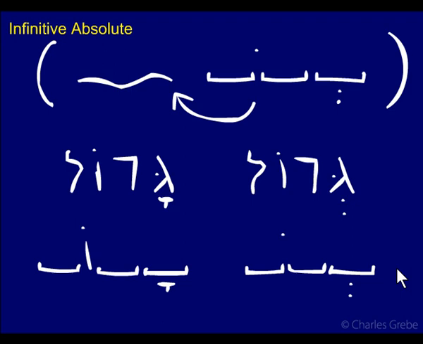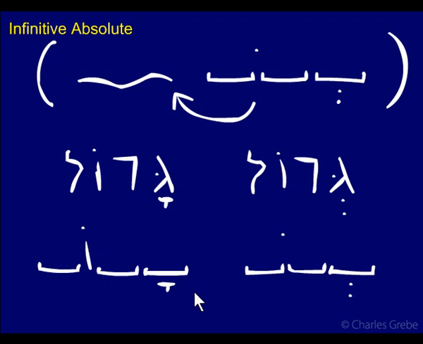The other thing, of course, about the construct is that it can attach to things. So you can have a pronominal suffix here, or it can be associated. It's not directly attached, but it's certainly associated with the next noun. And infinitive constructs are like that. But infinitive absolutes, absolute means by itself, absolutely alone.